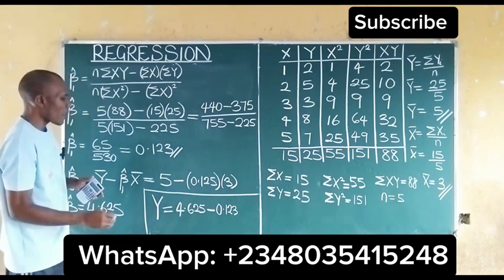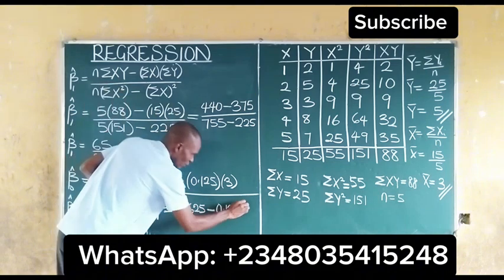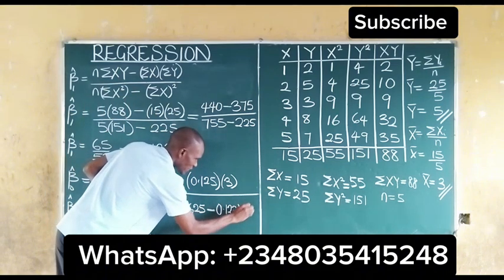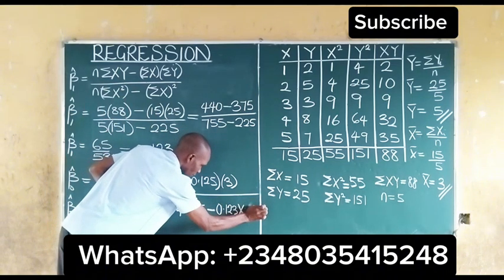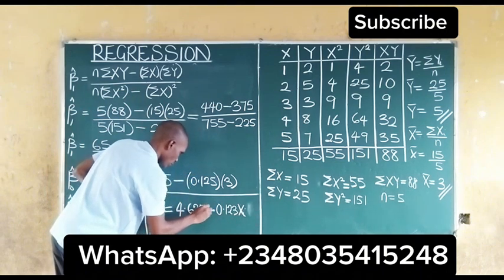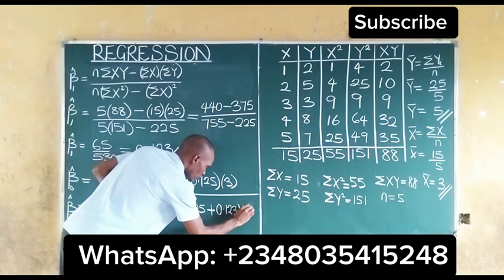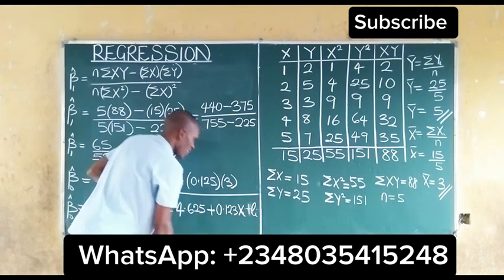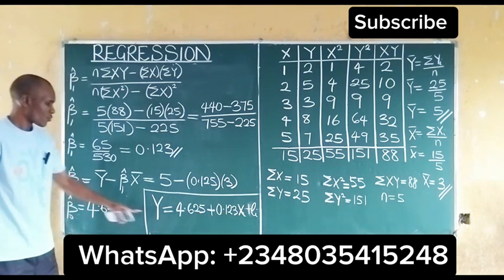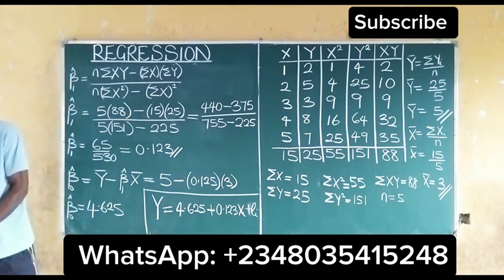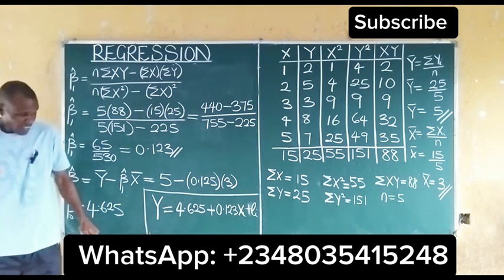But from the normal equation, we don't have x bar, so we have xi, plus our error term. So we have succeeded in calculating the line.